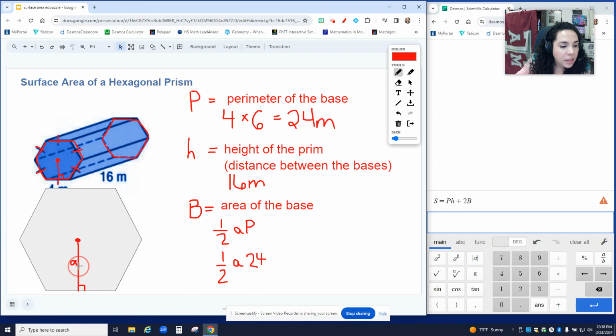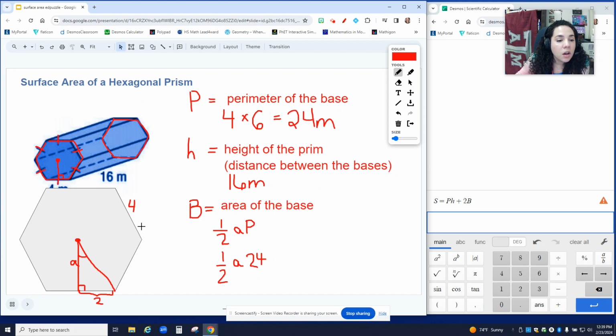If we have a side length of 4, that means when we bisect the triangle to make it into a right triangle, so we could use trigonometry if we wanted to, that would give us this side length of 2. Okay, and we want to think about what angle we are going to use here in the right triangle to maybe use trigonometry.